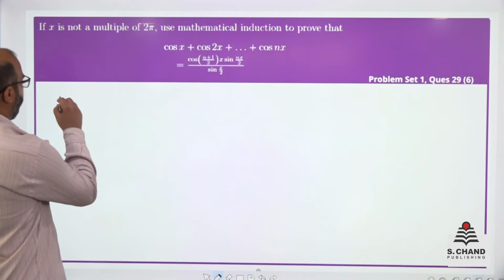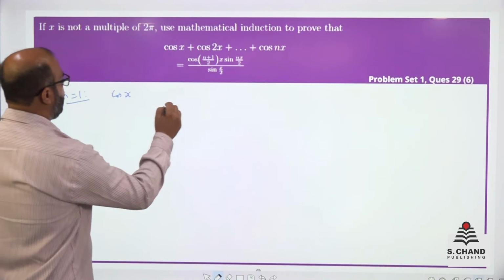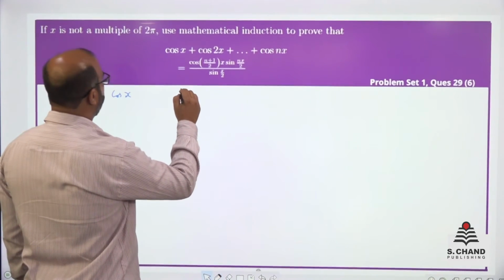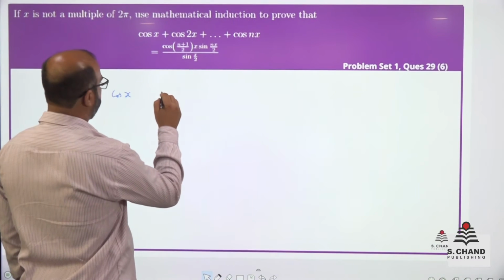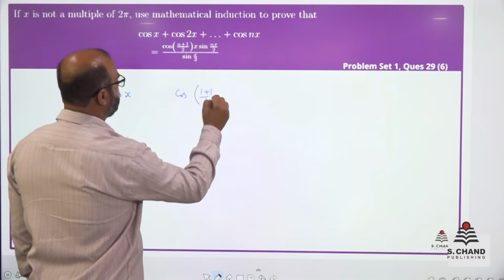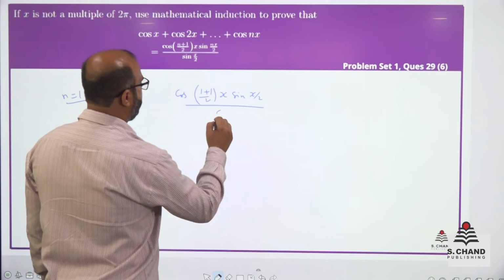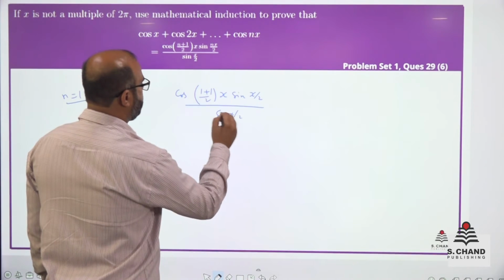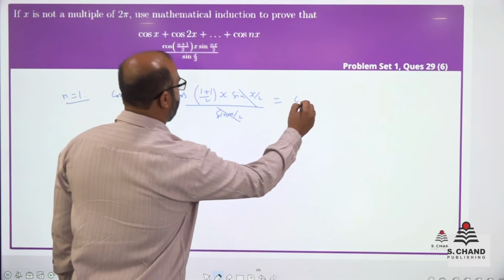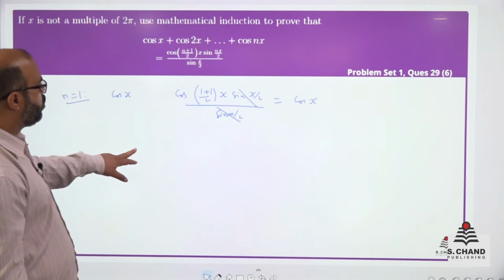So for n is equal to 1, again left hand side is cos x and right hand side is cos of ((1 plus 1) by 2)x into sin(x by 2) upon sin(x by 2). This gets cancelled. This is cos x. So left hand side and right hand side both are cos x here.